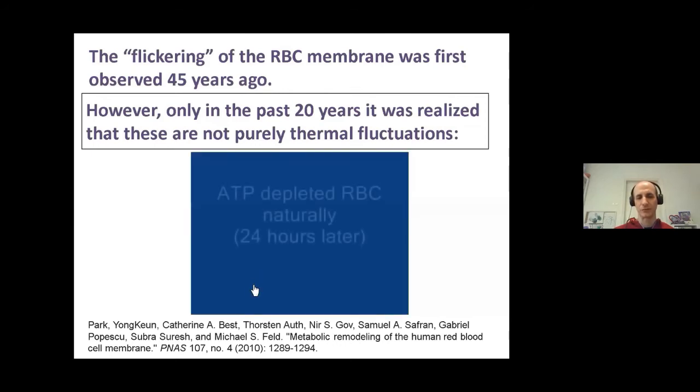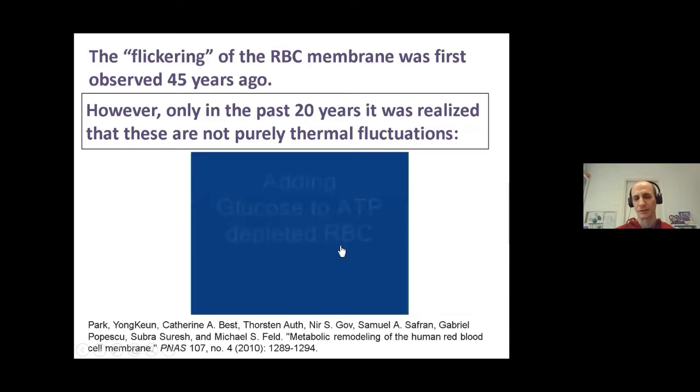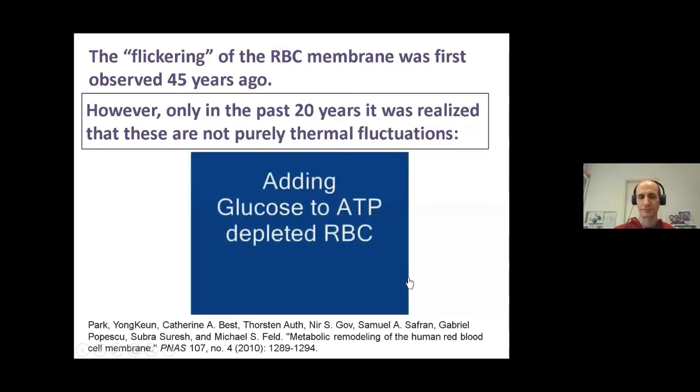This will become much clearer now. You see that the whole shape of the cell has become much more condensed, and the whole fluctuation distribution is much narrower around zero. And you can see that the fluctuation spectrum of wave vectors has gone down significantly.